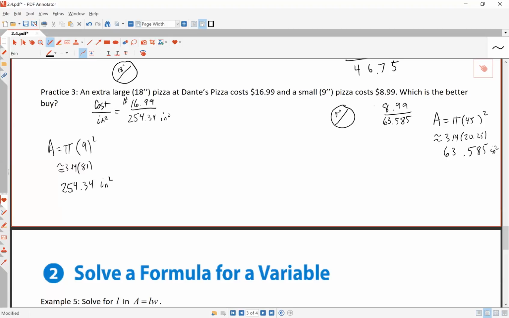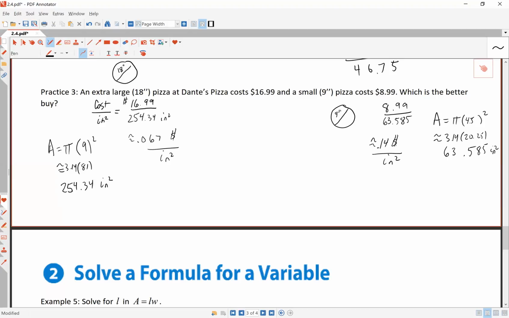So now we get the cost per square inch. Whichever is cheaper is going to be the better buy. $16.99 divided by 254.34 is a cost per square inch of about $0.07. And $8.99 divided by 63.585 is a cost of around 14 cents, or $0.14, per square inch.